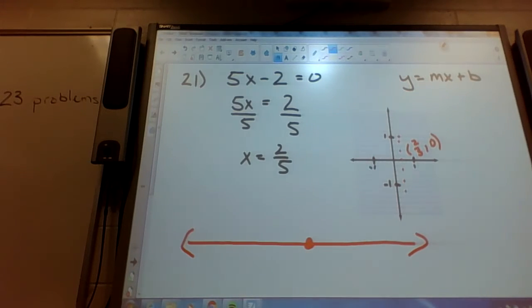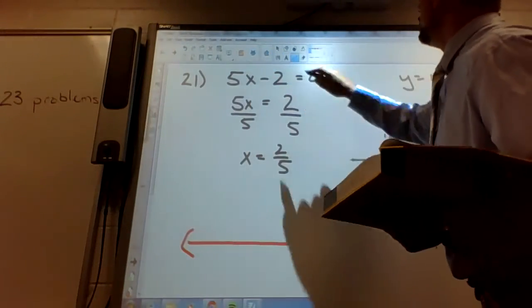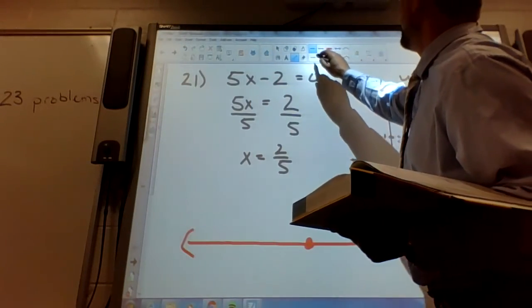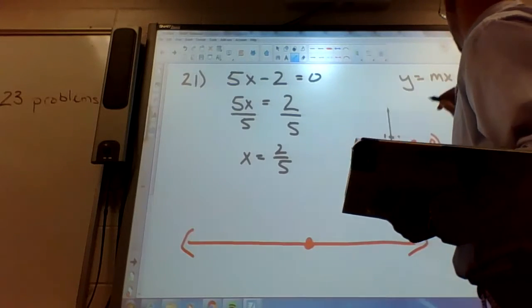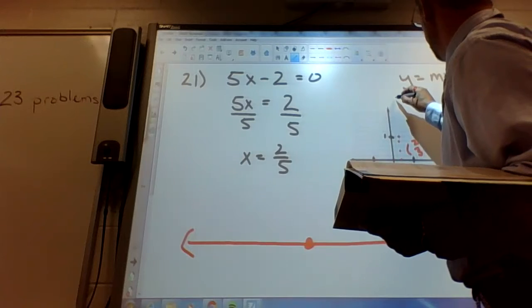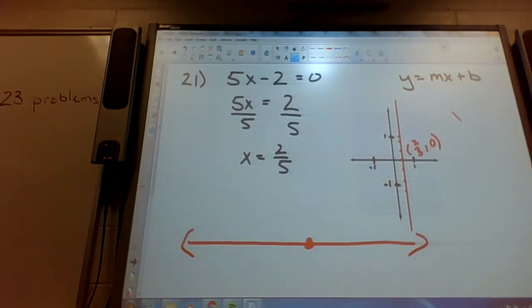Thank you for the adjective. It's a vertical line. A vertical line. And I'm going to use my line thing. Look at that. Straight line. That's my ruler right there. All right. So, vertical line.